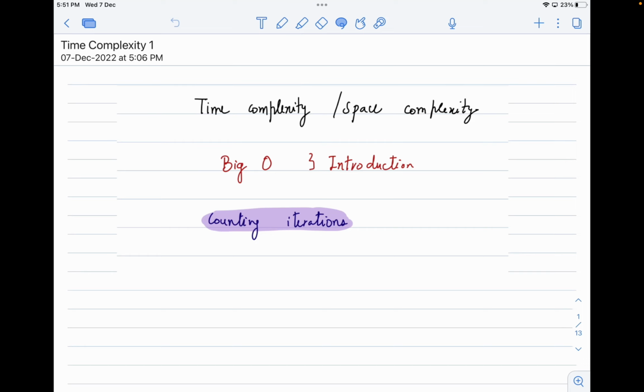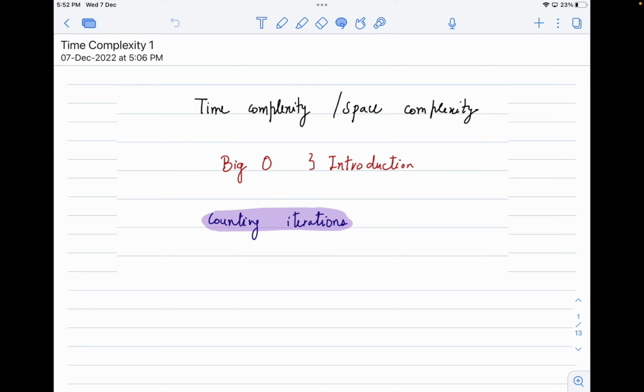That extra execution time is nothing but time complexity, and the extra space required by your algorithm is space complexity. This is just the basic idea. Why the big O concept has occurred, we will discuss one by one. First let's start with the introduction.